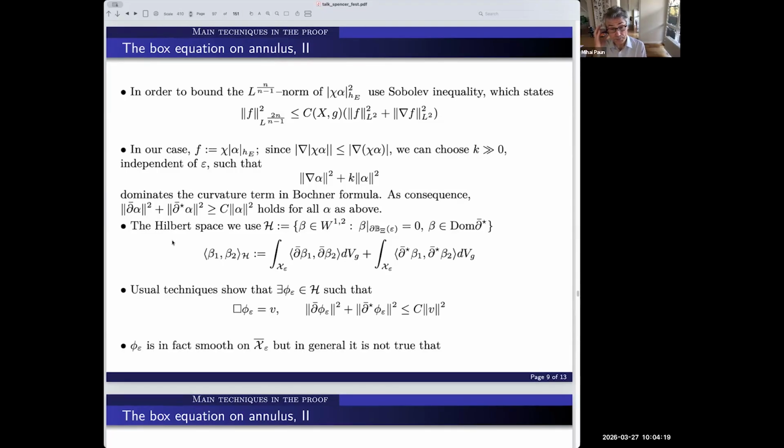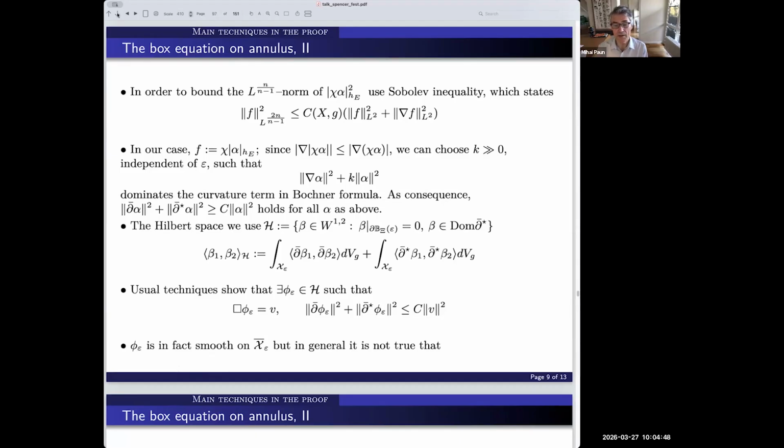Wonderful. Now, the point is that this phi epsilon, thanks to the usual elliptic theories, right? So here you are really in the very, very standard setting of a problem which has a Dirichlet boundary condition here and Neumann boundary condition for the boundary of X. So this one is smooth.